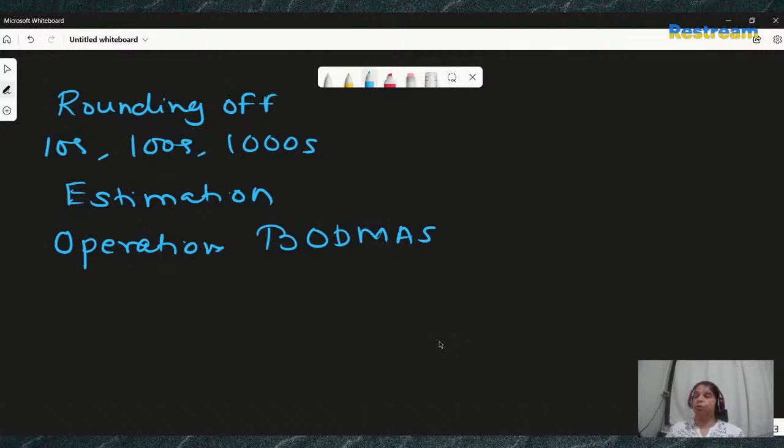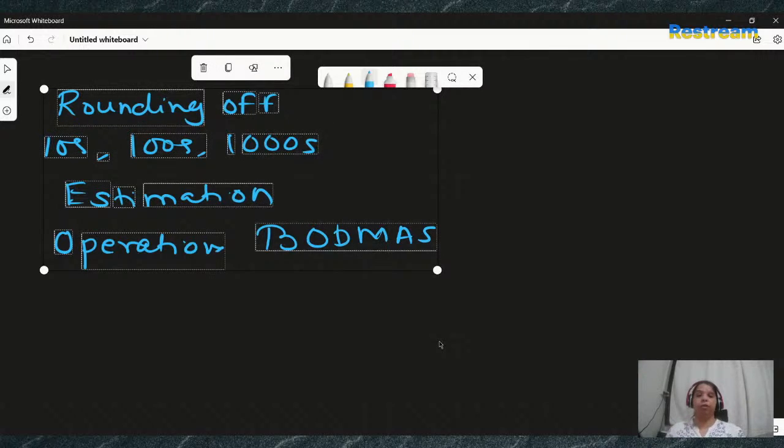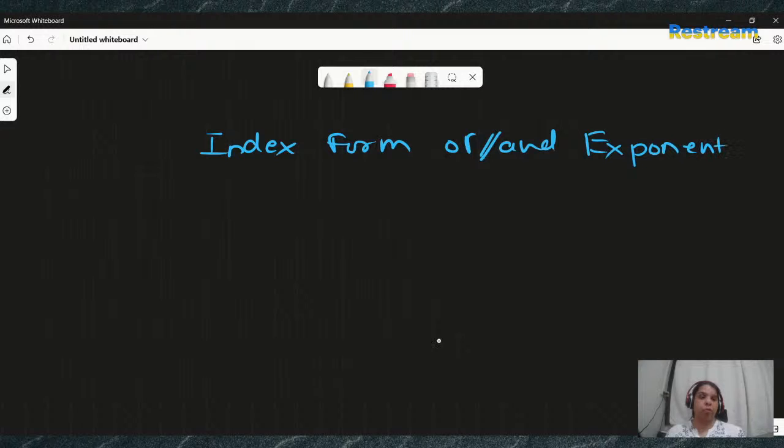Okay, so today we are going to start with something called index form or exponent form. What does it mean?